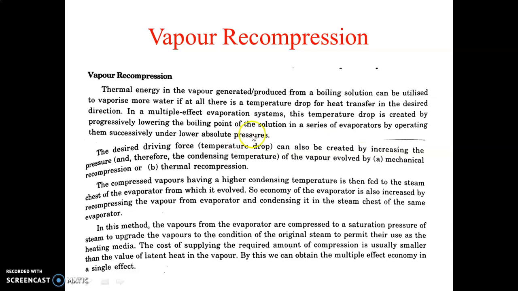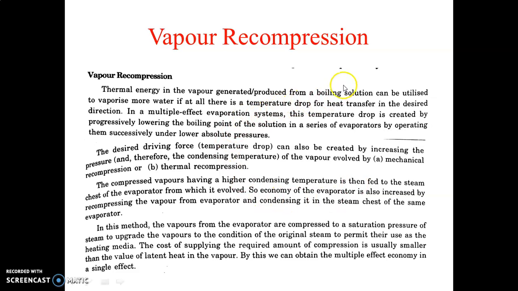The next one is vapor recompression. This is another method of increasing the economy of the evaporator, and it is used for a single effect evaporator. The thermal energy of vapor generated from a boiling solution can be utilized to vaporize more water if there is a temperature drop for heat transfer in the desired direction.